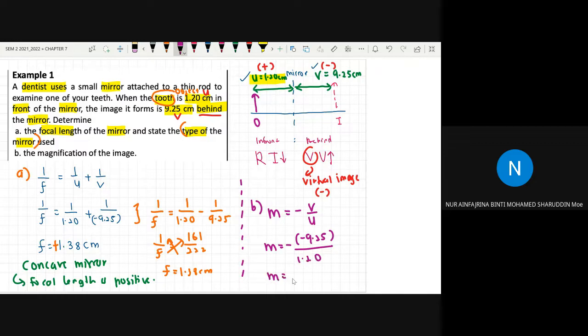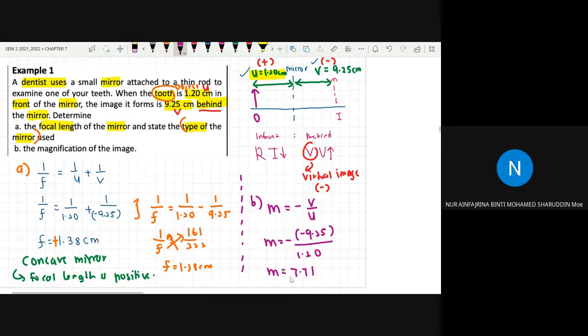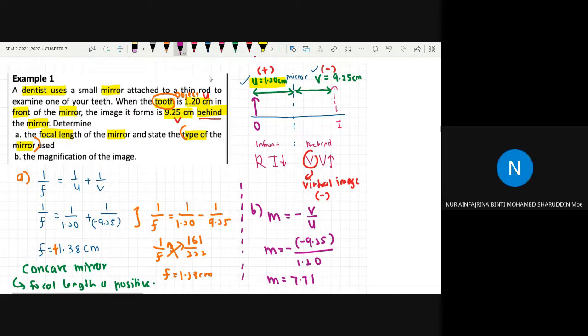So you will get your magnification 7.71. Okay, Hidayat, Miss wants to ask, is it magnified, diminished or same size? Magnified. Very good. Why is it magnified? Because M is more than 1.